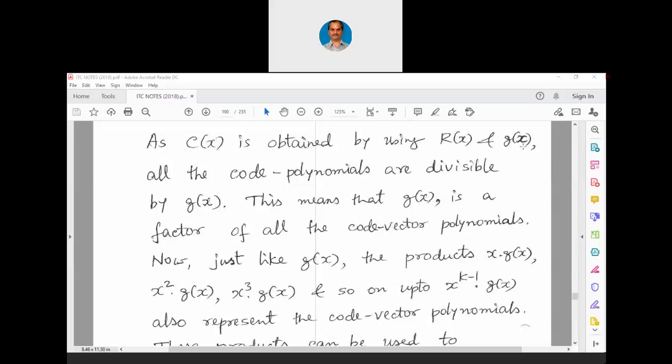And we had a quotient polynomial also. But you can see the code polynomials are divisible by the generator polynomial. How come? The generator polynomial is a factor of x power n plus 1. That way they are all related.